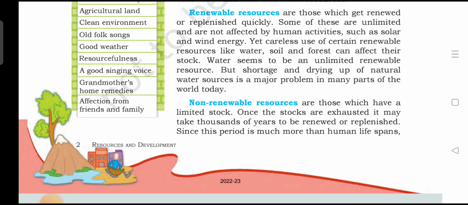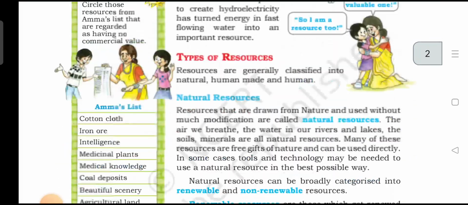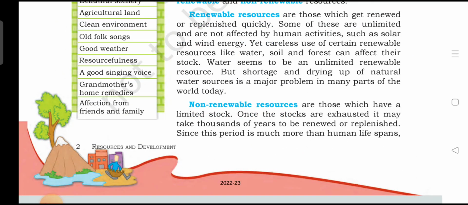Non-renewable resources are those which have a limited part in your earth. Now it will not take many days for water to become a non-renewable resource if you don't use it very wisely. Okay, now see, non-renewable resources are those which have limited stock. Limited stock is something which has some value, beyond that it is not there.